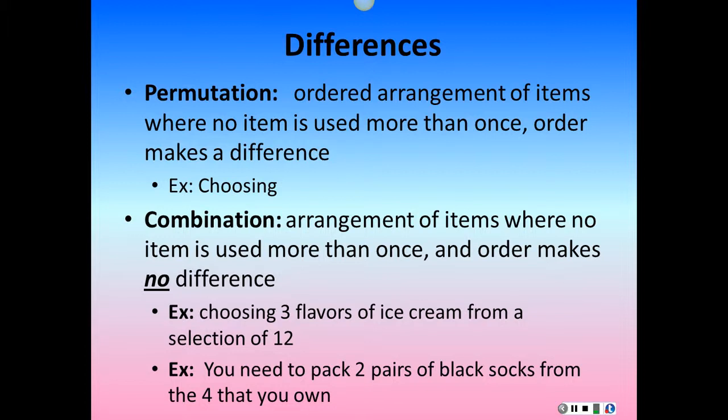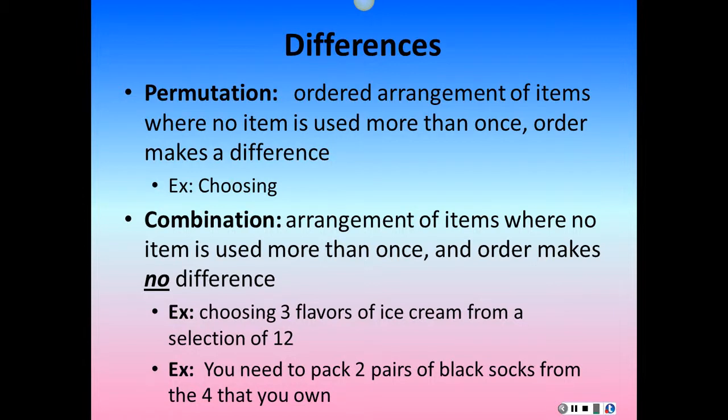So I said, this is different from a combination, where we arrange items where, again, no item is used more than once, and order makes no difference this time. So again, in a permutation order is significant, in a combination order is not significant.